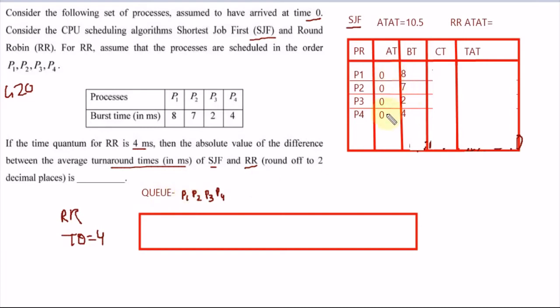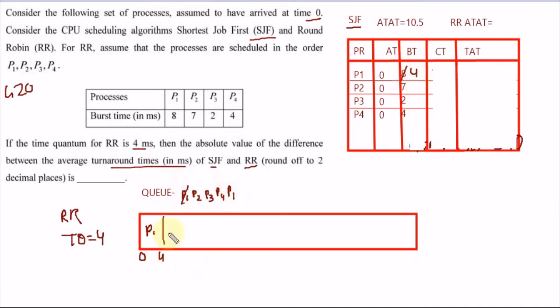All the processes are available at time 0, and the schedule order is P1, P2, P3 and P4. So this is the queue right now. First P1 will be scheduled for 4 microseconds, so it executes from 0 to 4, and its burst time decreases by 4. The remaining burst time of P1 is 4, and it is placed at the rear.